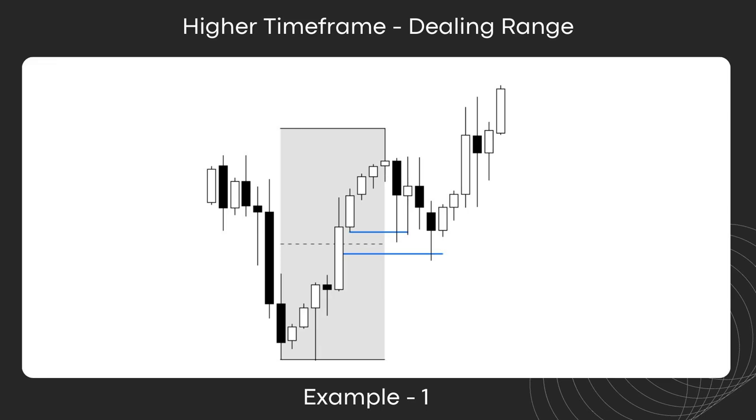But if it retraces down to the midpoint of this FVG, which lies inside the discount region, then you will expect a reversal from there. So first we've got the premium key level, which is the high of this FVG, and it lies inside the premium. That's why it's a premium key level, right? So if price tested, our expectation will be a retracement and not a reversal on the lower time frame, right?